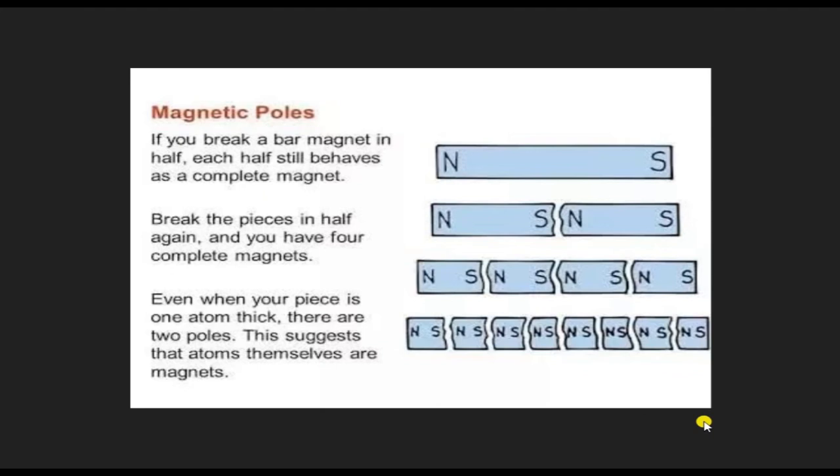That means north and south poles will be present in each piece. Even when a piece is one atom thick, there are two poles. This suggests that atoms themselves are magnets. So here you can see that whatever the pieces of the magnet are, they have two poles.